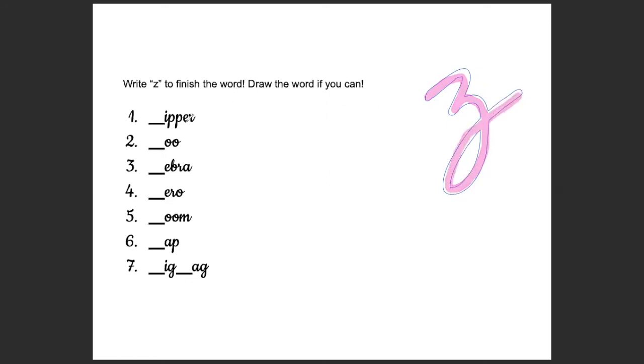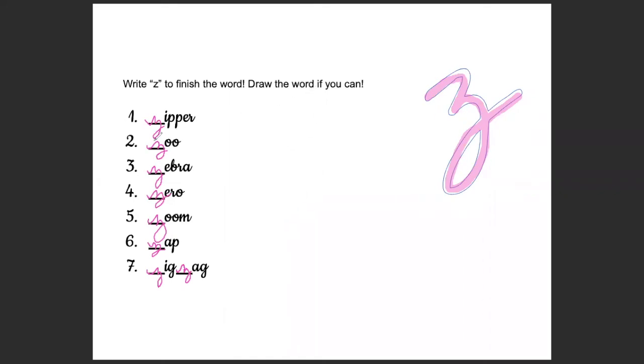Next, I'm going to write my Z sound on each line. Let's try to read them together.